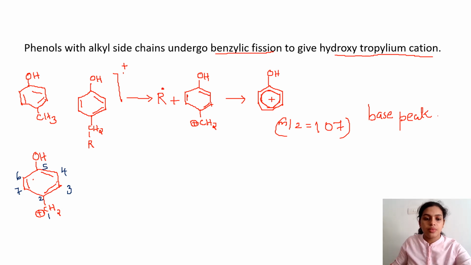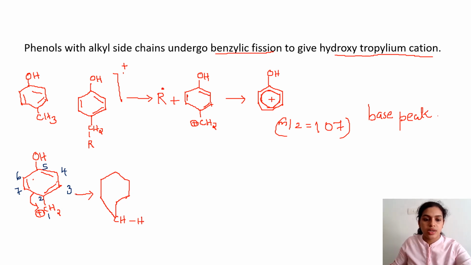Now the bond between the second and seventh carbon breaks, and the seventh is attached to the first carbon. Now the situation is like this: here this is the CH2, I'm writing it like this so that I can rearrange it in the next step.